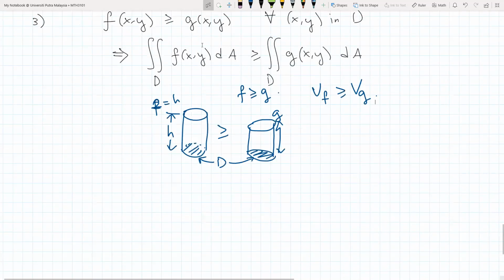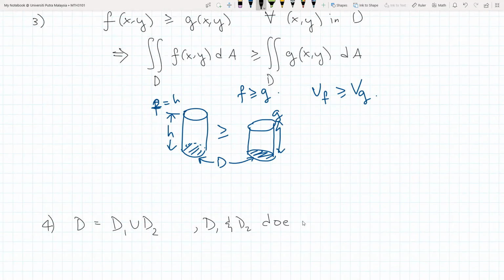Okay, and then the last properties is that kalau saya kata D is just a union of D1 and D2, and D1 and D2 does not overlap.